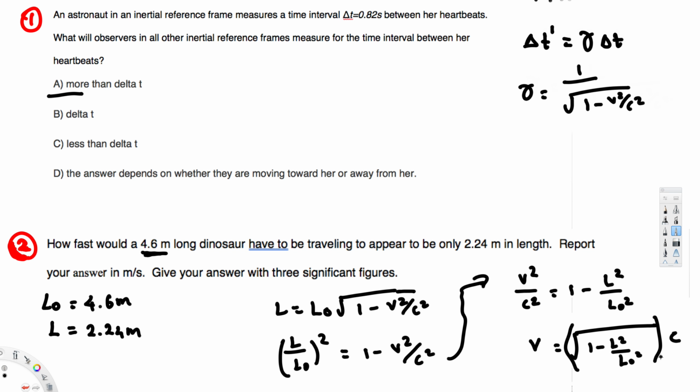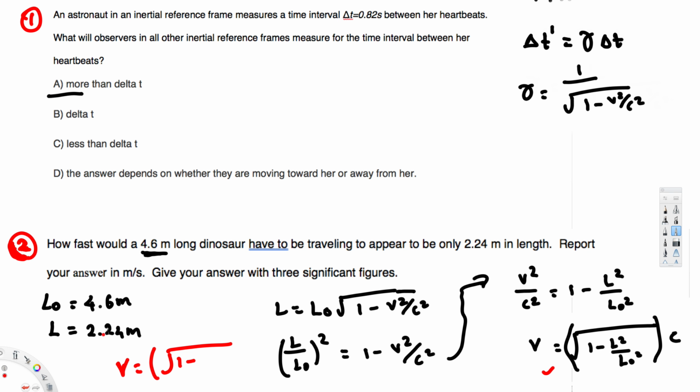And now we can go ahead and plug in the values. We have this equation, this is the main equation. V is equal to square root of 1 minus L square, where L is the length we have to have when it's moved with a certain velocity.